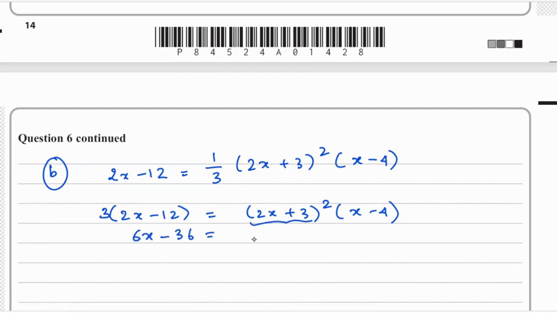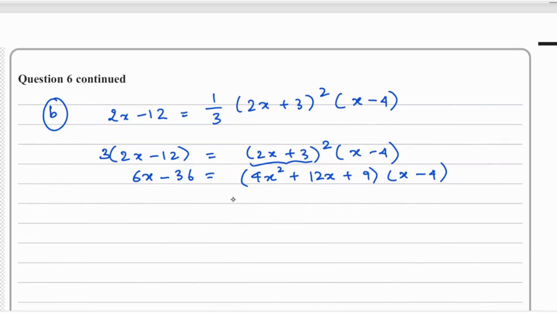I'll expand this bracket first of all, which gives me 4x square plus 6 times 2, 12x, plus 9, multiplied by (x minus 4). So I expand this term also, which I'll get as 4x cube plus 12x square plus 9x. So I multiplied all of these terms by x now, and now I have to multiply the whole of the terms by negative 4.